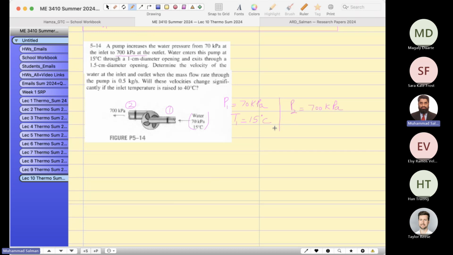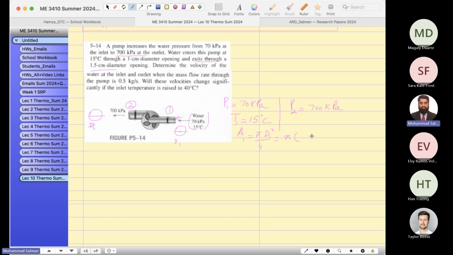Water enters at 15 Celsius through a diameter opening. So area is pi D1 squared over 4. It is like a cross section area of diameter D1 and exits through the cross section area. If the diameter is given, you can find the area using this formula, correct?